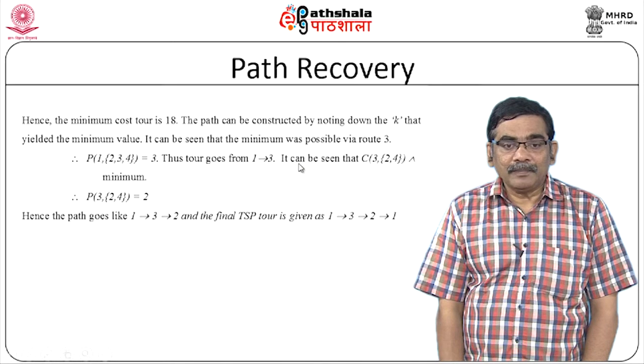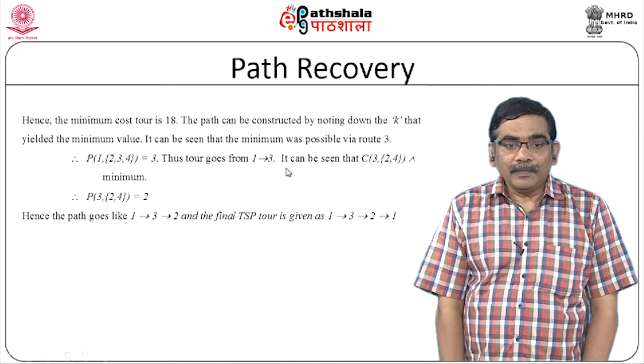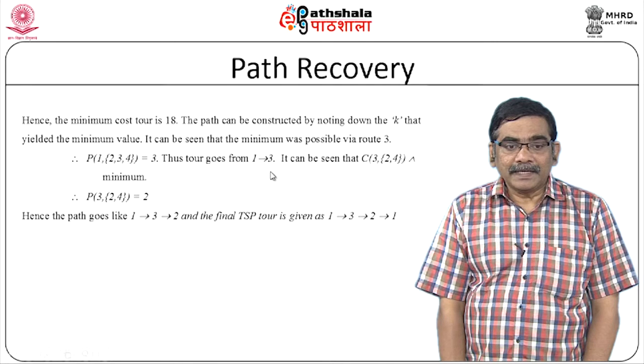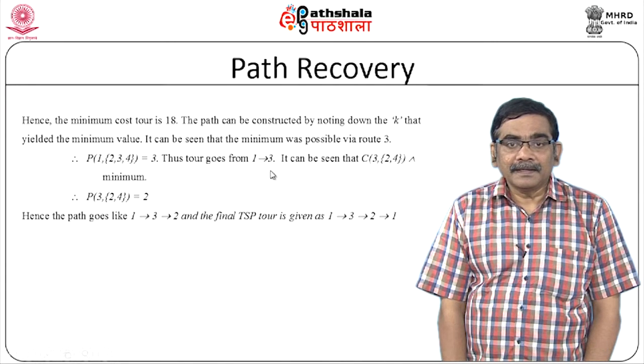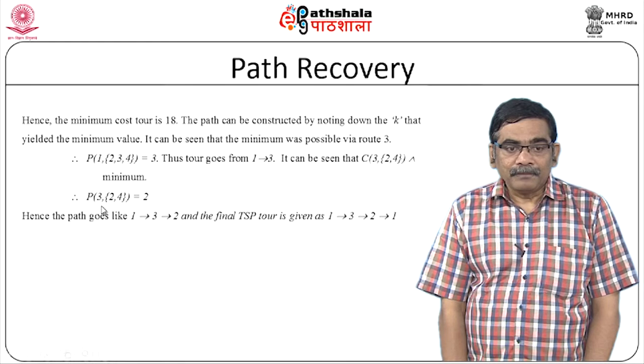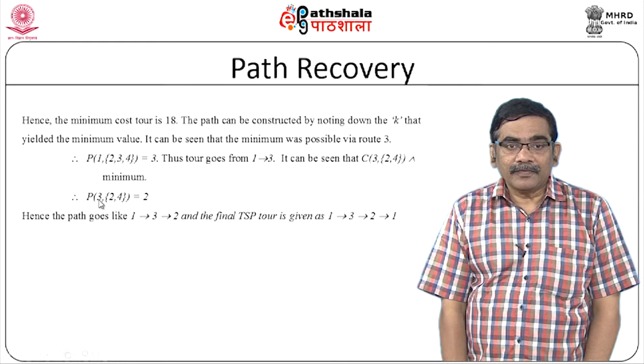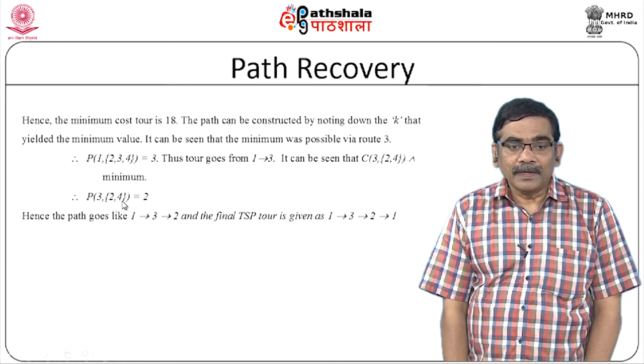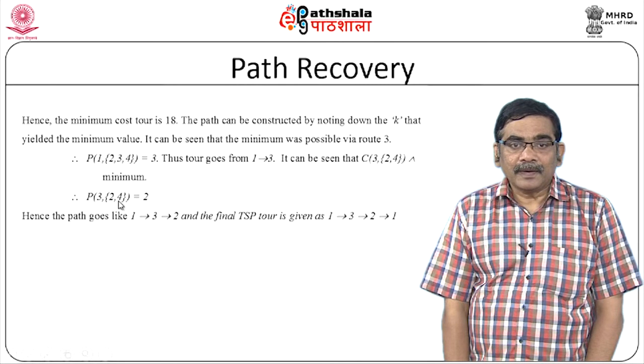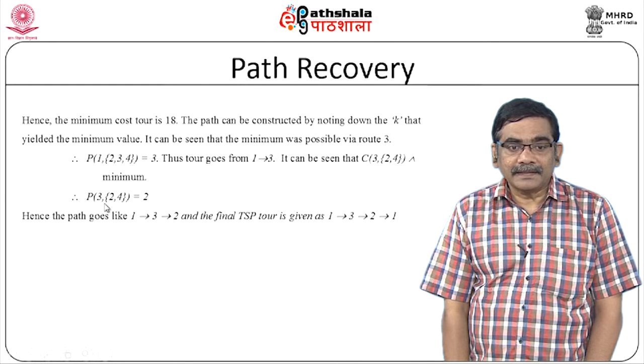Now the path goes from 1 to 3. From 3, we have to see which path gave the minimum, which was P of 3 comma 2 comma 4. Therefore, we come to the conclusion that from city 3 we have to visit 2.